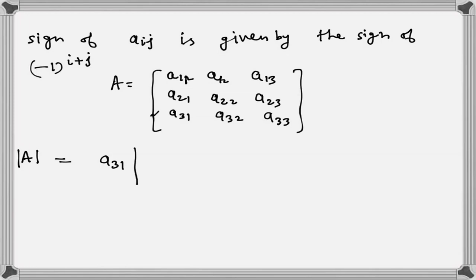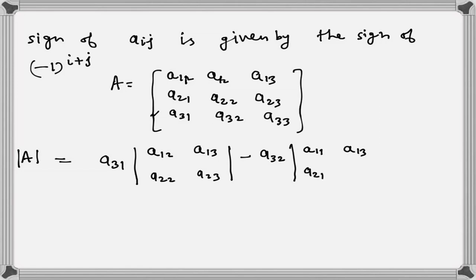So we take the first element a31 and delete the third row and the first column, and we get the matrix a12, a22, a13, a23. Then we take the second one, a32, and this sign will be negative because 3 plus 2 is the odd number 5, and then we delete the third row and the second column. We get a11, a13, a21, a23.